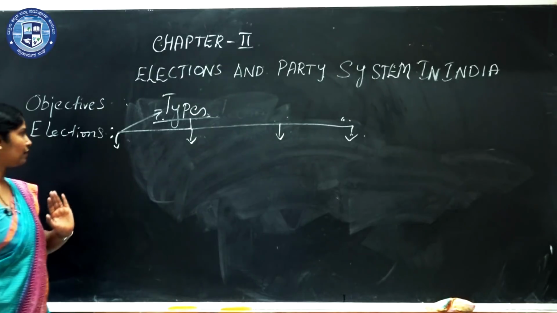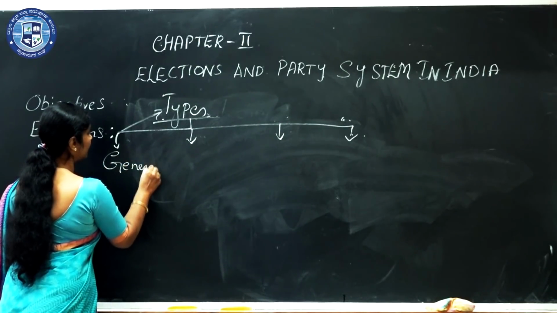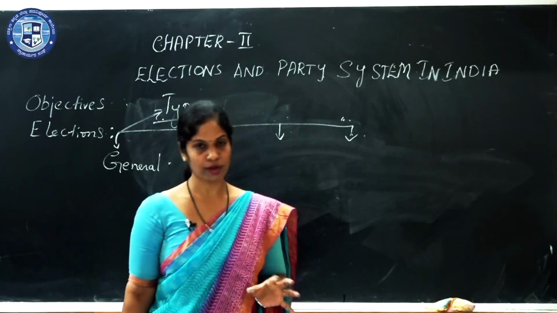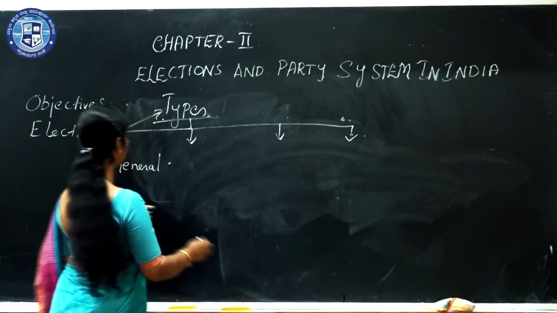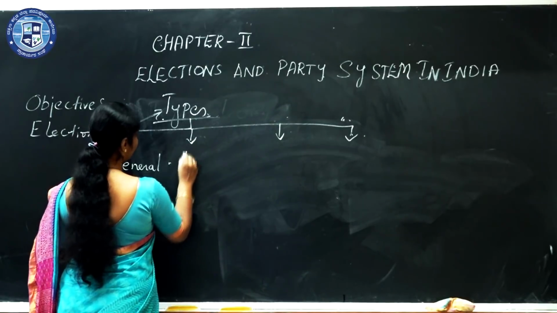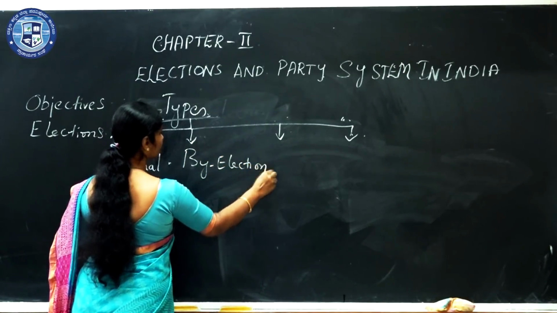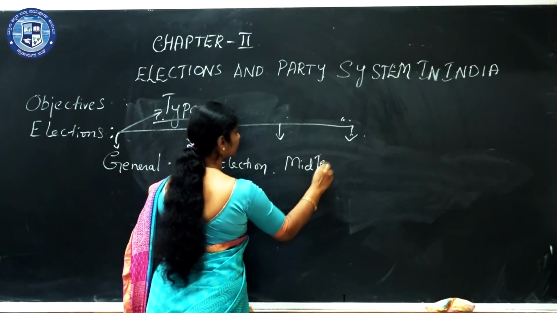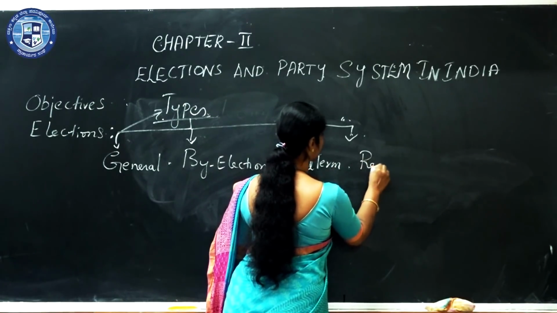So the main or major type of election is the general election, which is very familiar to all of you. One is the general election, another one is the by-election, third one is the midterm election, and the fourth one is the re-election.